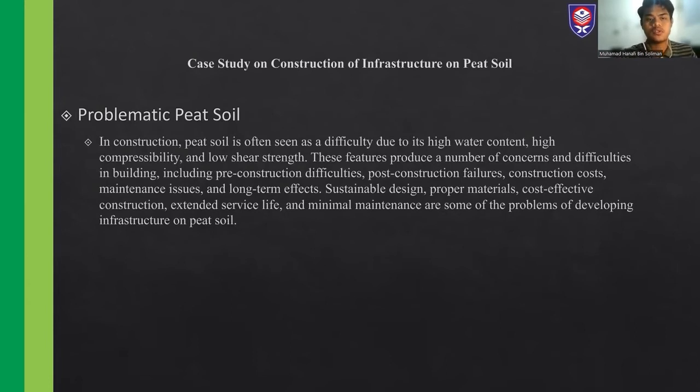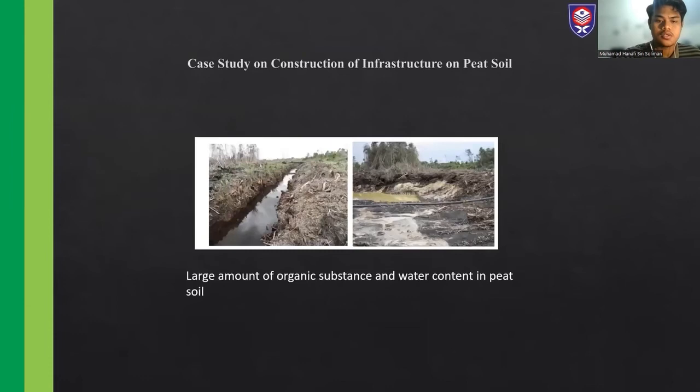So as we know, if we build an infrastructure on peat soil, it's very difficult because peat soil has a high water content. So this is an example, the large amount of organic substance and water content in peat soil.